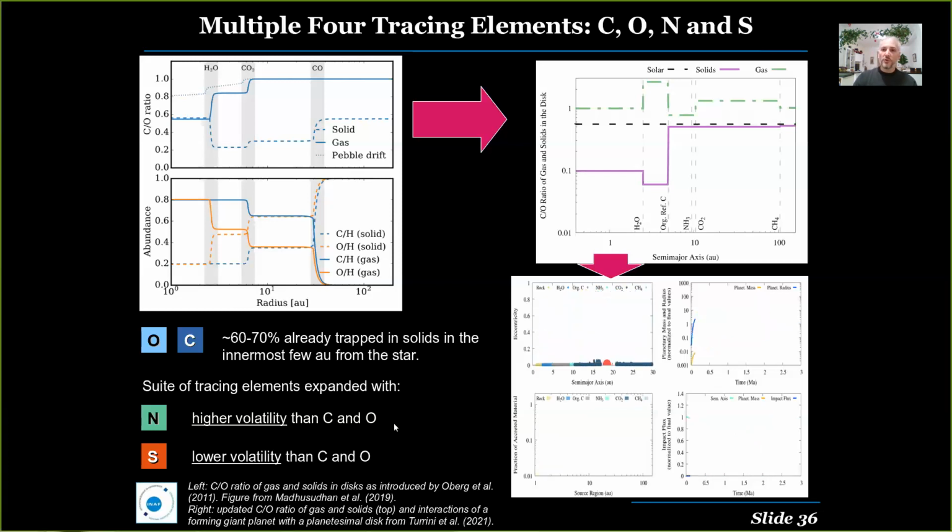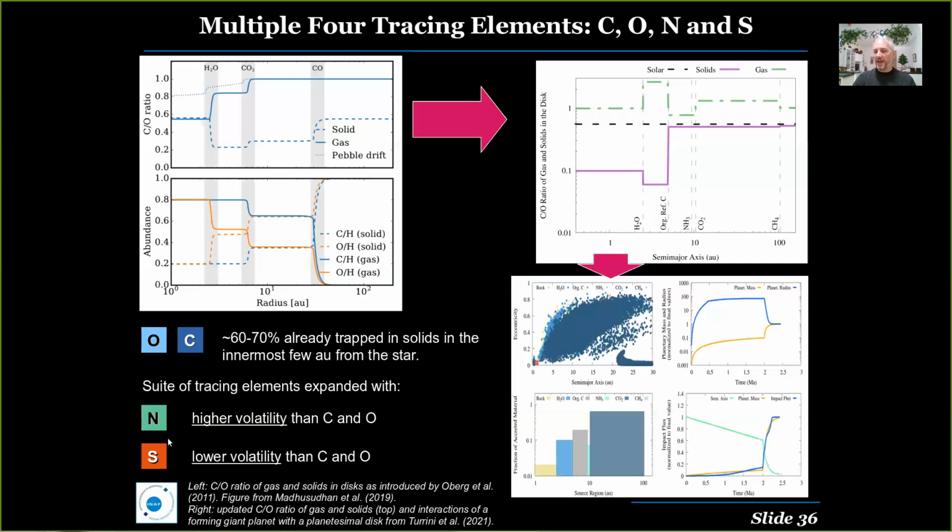As I showed you before, in the first part, a part of nitrogen is trapped into solids by ammonia, but the vast majority of nitrogen remains as a gas in the disk and condenses only very far away from the star as N2. Sulfur, on the other hand, is incorporated into solids very early in the disk, and the bulk of sulfur is in refractory form in rocks already from the first few AU. So it has a lower volatility than carbon and oxygen.